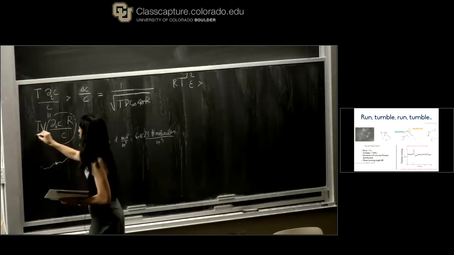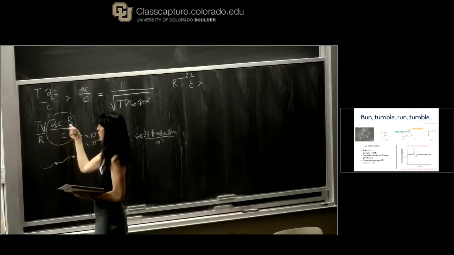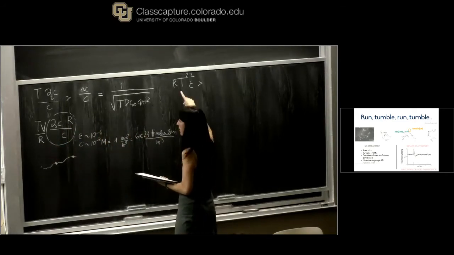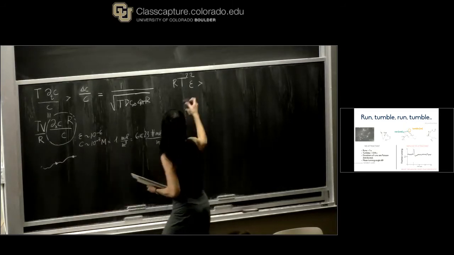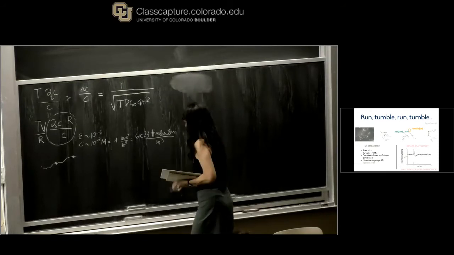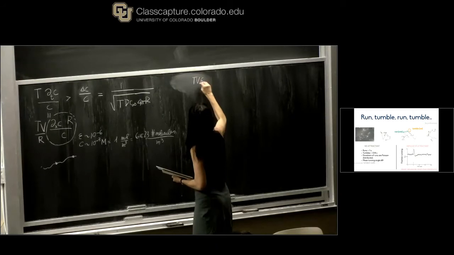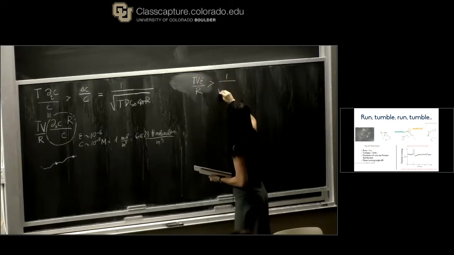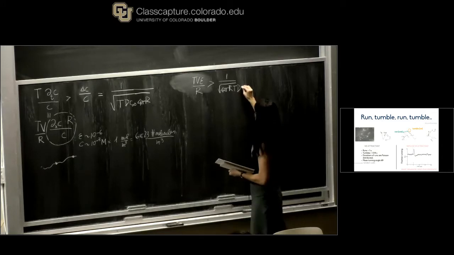Okay, and so here I divide it by R, and this is the number that I know. That's the only reason why I multiply and divide by R. Okay, so TV epsilon divided by R larger than 1 over square root of 4 pi R T D C infinity.